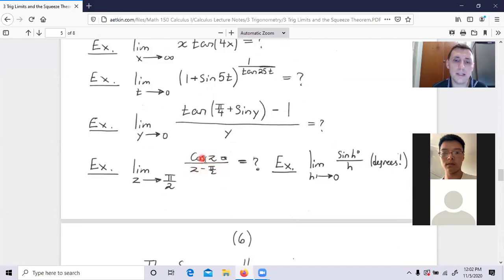What is this, guys? Cosine of z over z minus pi over 2. Could you please calculate this limit? Last one here.